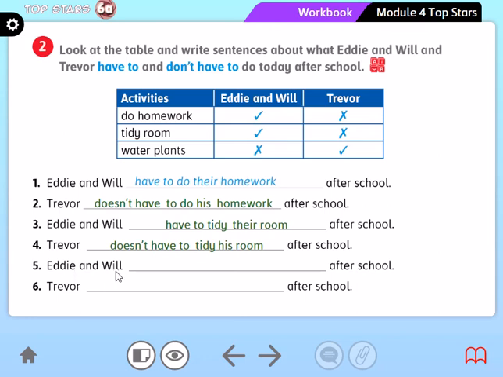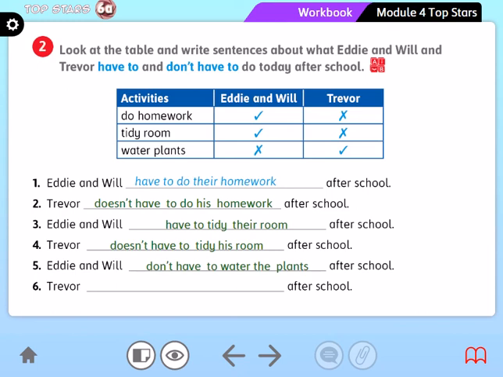Eddie and Will, water plants. Here we have X. Very good. Don't have to, because they are plural here. Eddie and Will don't have to water the plants.